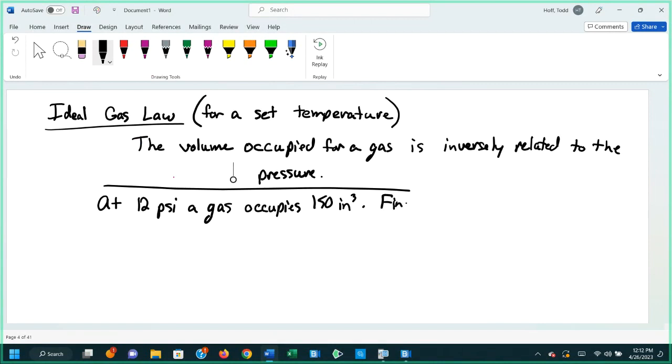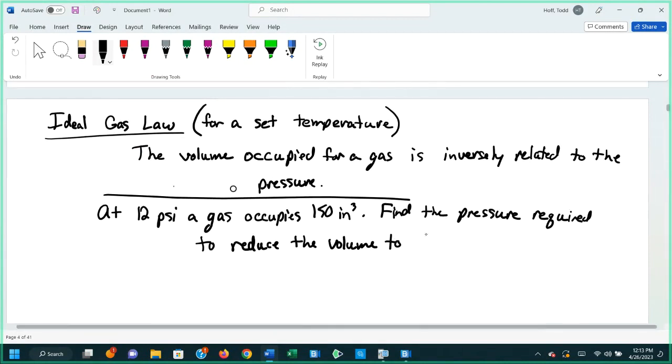Find the pressure required to reduce the volume to 60 cubic inches.